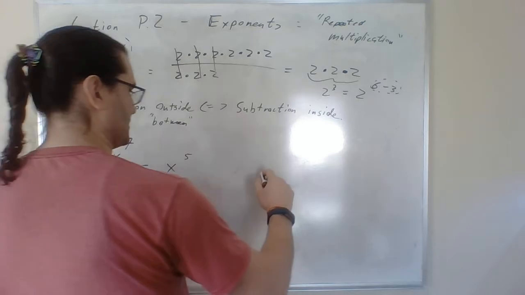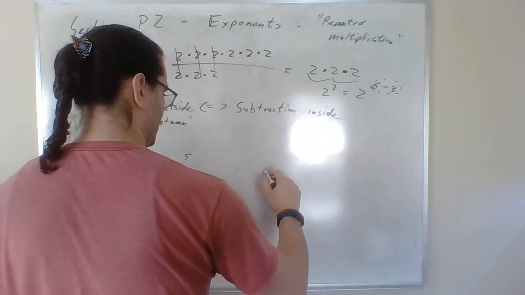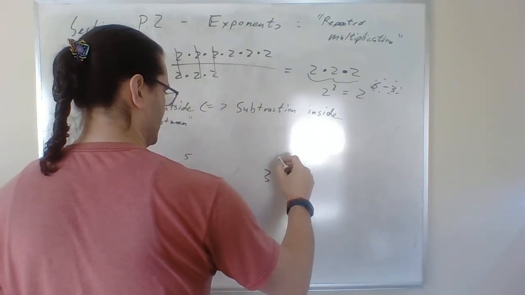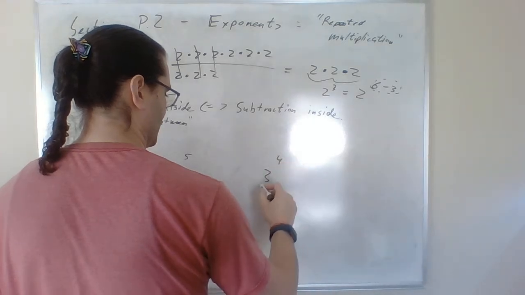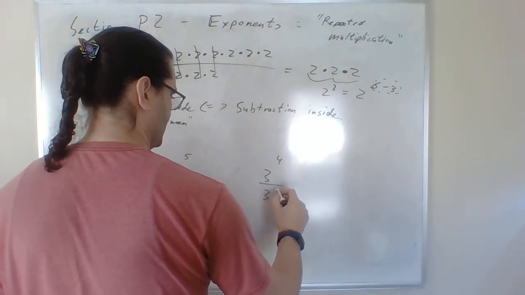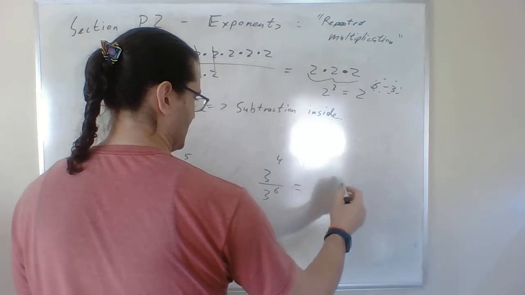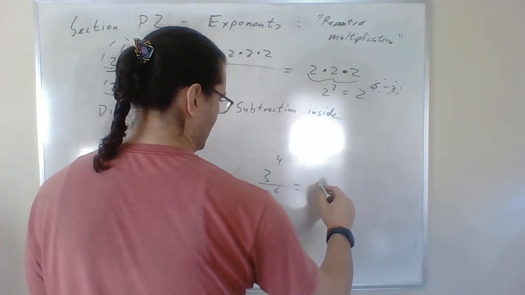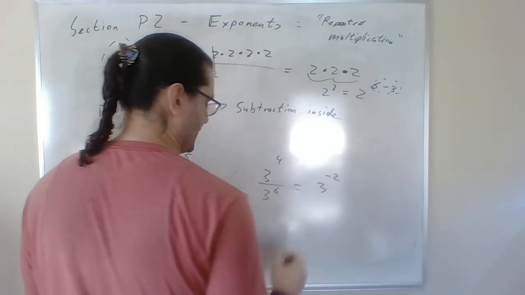And if we want to do something like 3 to the 4th over 3 to the 6th, that should give us 3 to the negative 2.